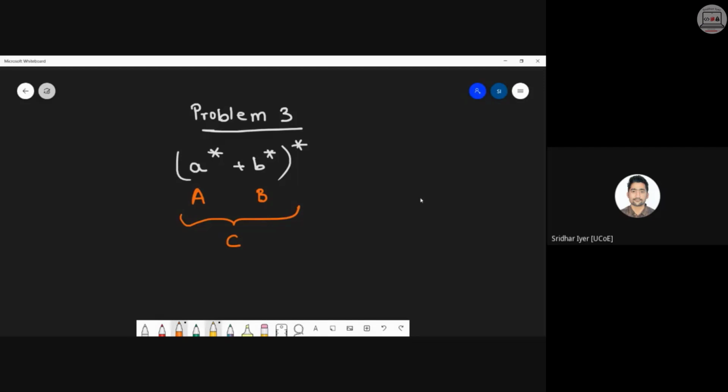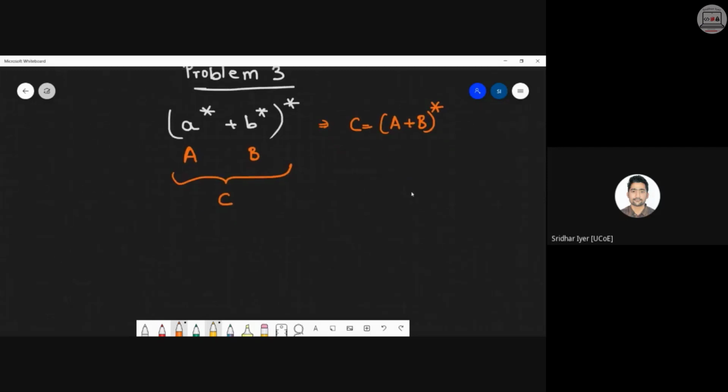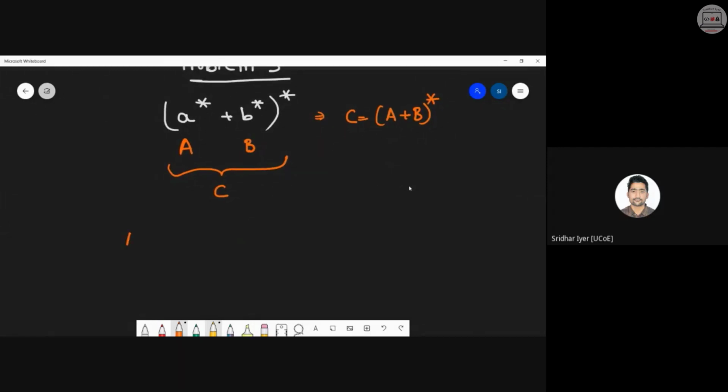It is nothing but (A closure plus B closure) ka entire capital C closure. Right? I can also rephrase it as something like this: (A plus B) ka whole closure. Just to make it simple. Clear? So start solving it and let me know if you're getting the answer properly or not.